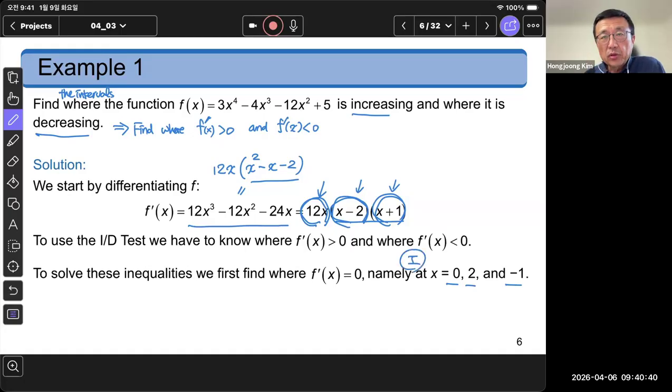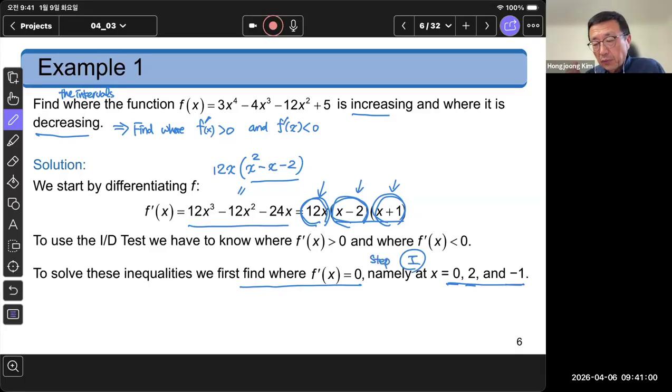So step 1, you need to find the points where this f prime becomes 0, and I can find the 3 points where f prime is 0.